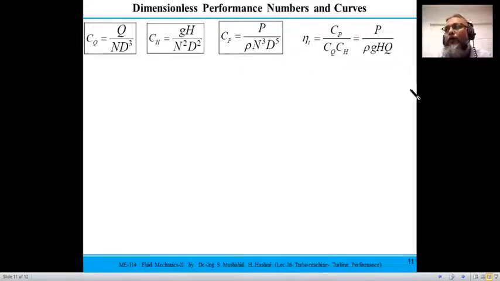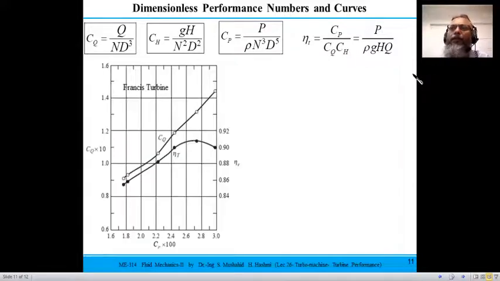As you know, the performance curves for turbines are like this one for the Francis turbine, and you see your flow coefficient is on the left hand side and your turbine efficiency on the right hand side, multiplied by 100.